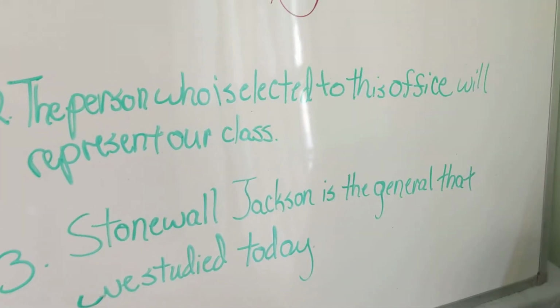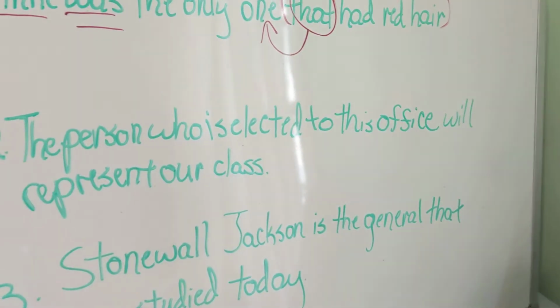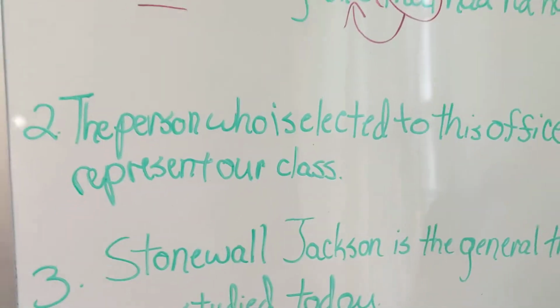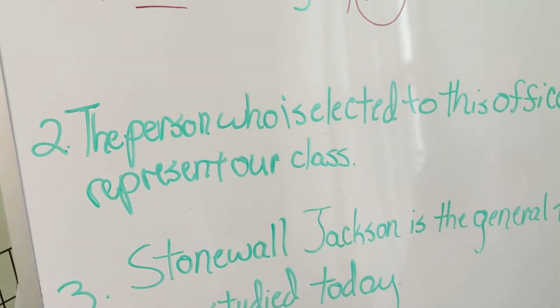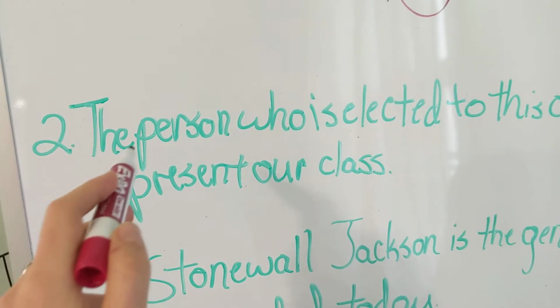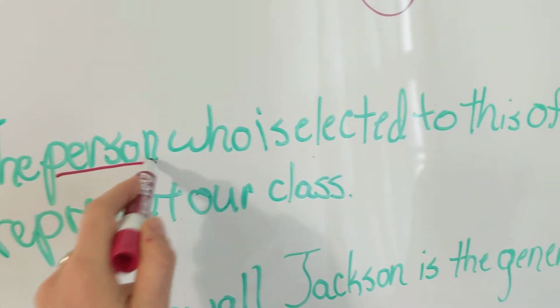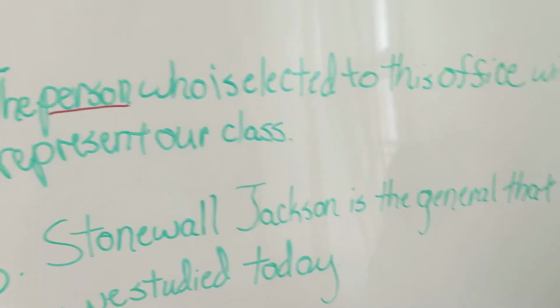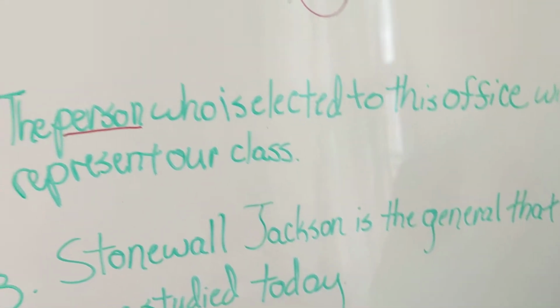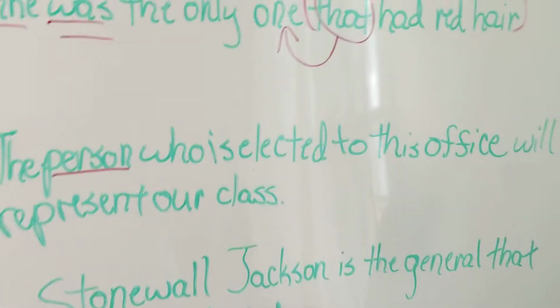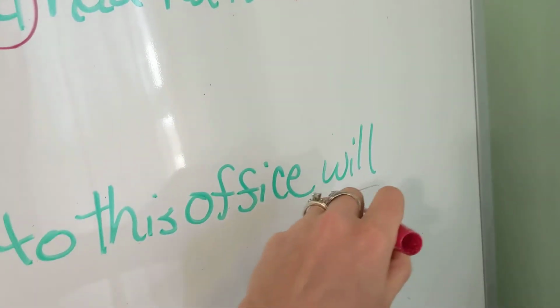Okay. Let's look at number 2. The person who is elected to this office will represent our class. So what is my subject of the sentence? That's right, person. What is my whole verb of this sentence? If you said will represent, you're correct.